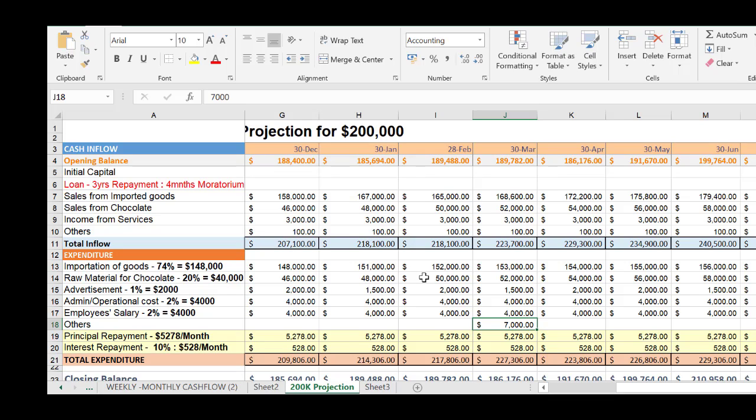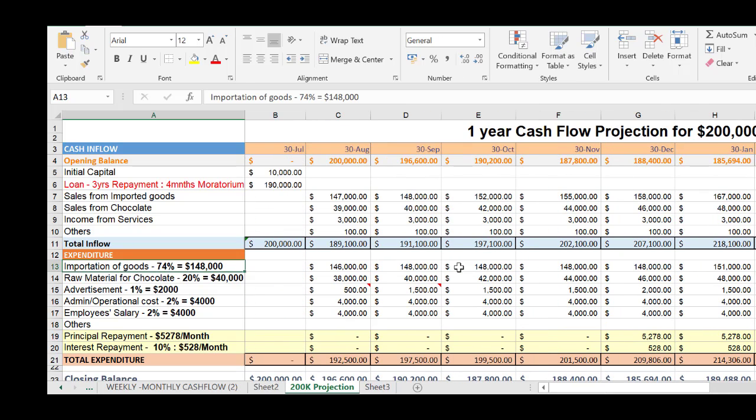This is my projection, this is my expectation. If things begin not to turn out well, I can see where it is. Maybe I have too many staff that I need to lay some off, or I need to employ some staff, or in my operational cost.